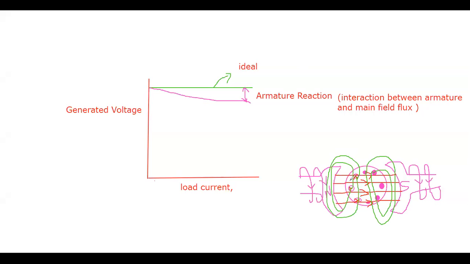I consider the current flowing downwards here, and here also it is downwards. When it comes up into the conductor, it flows in the upward direction, and similarly here also it flows upward.